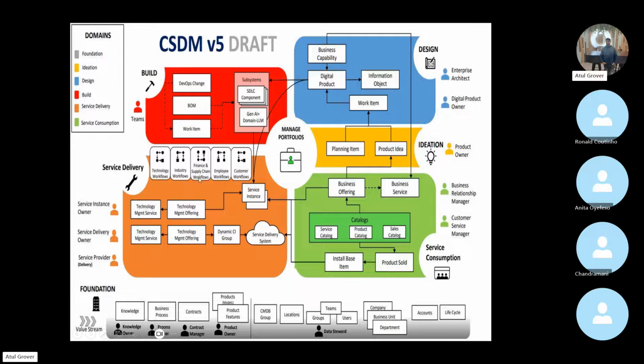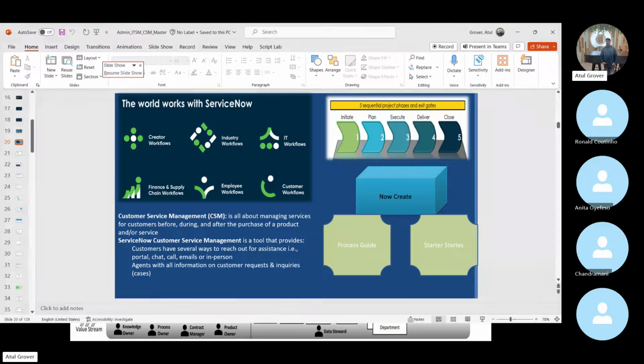Everything can be done in the CSDM. So now if somebody asks, do you know customer workflow? You can say yes, because in customer workflow we have three things: CSM, FSM, and financial services, I guess, or one more is there. So now they're changing the terminologies here.